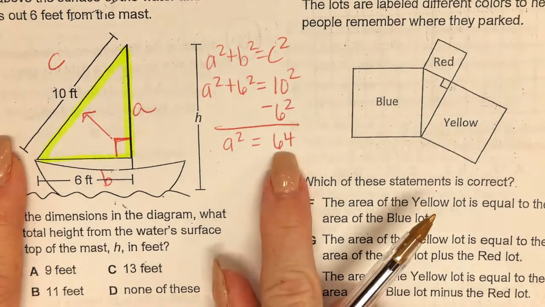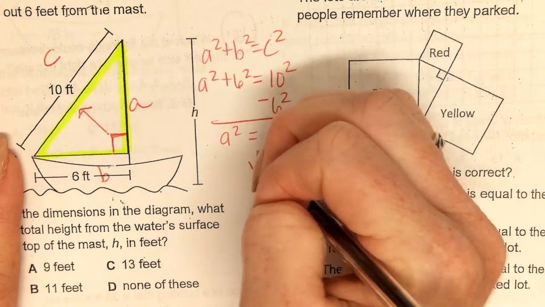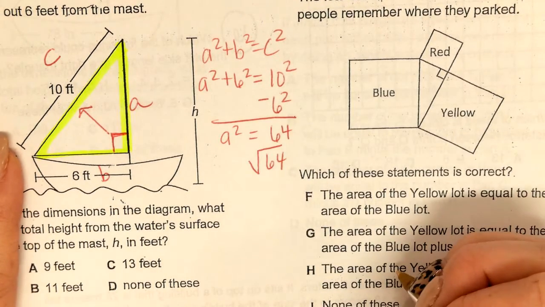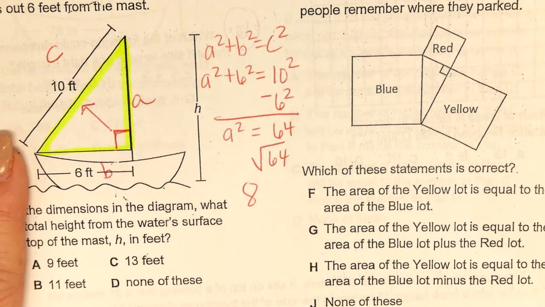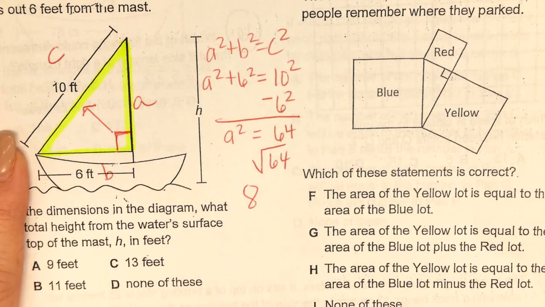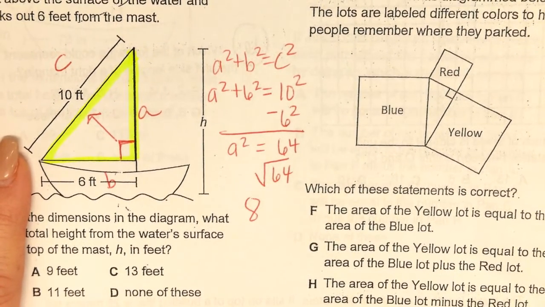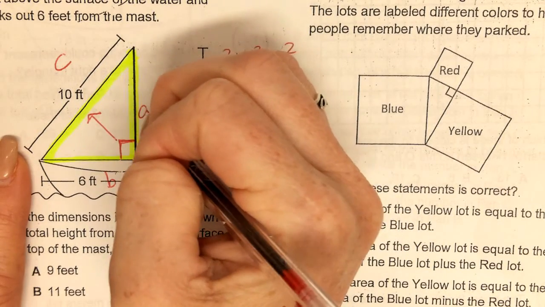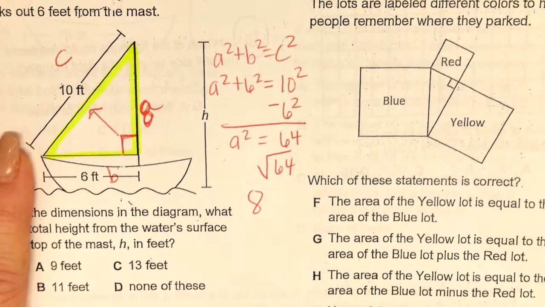And what would I do to this answer? Square root it. And the square root of 64 is 8. But that's not my answer. 8 is the height of the yellow part of the triangle. This right here is 8. So I just changed that A to an 8 since I solved it.